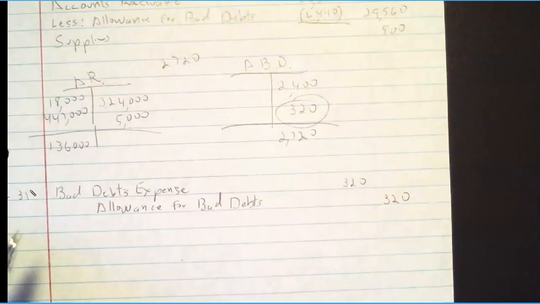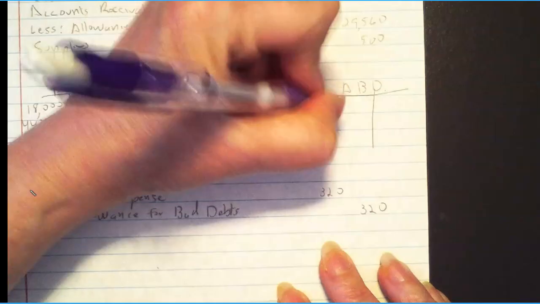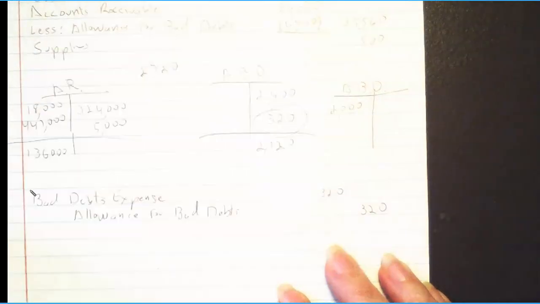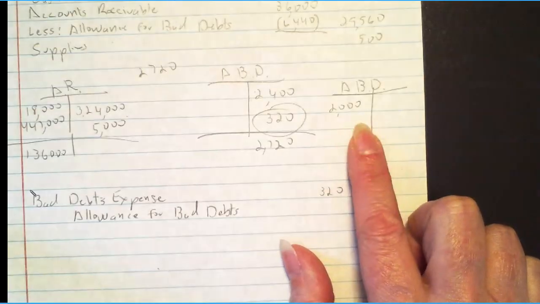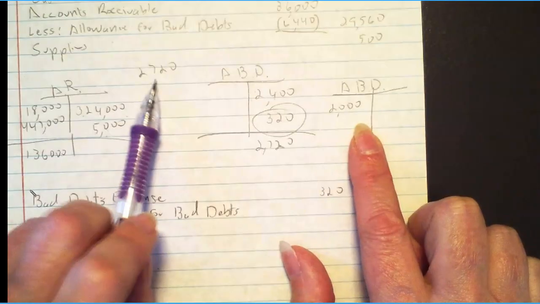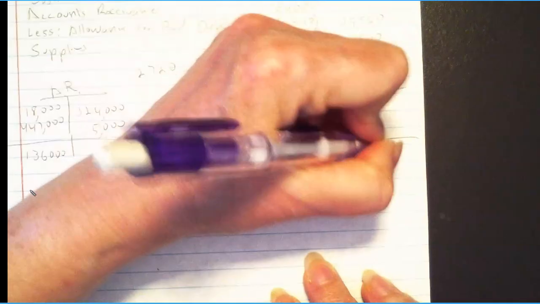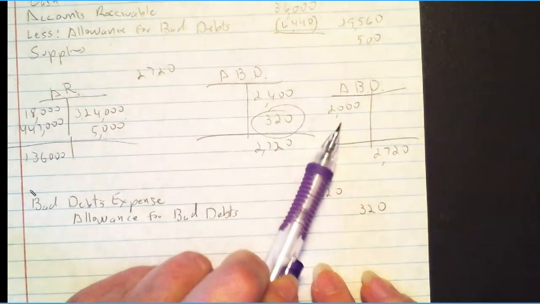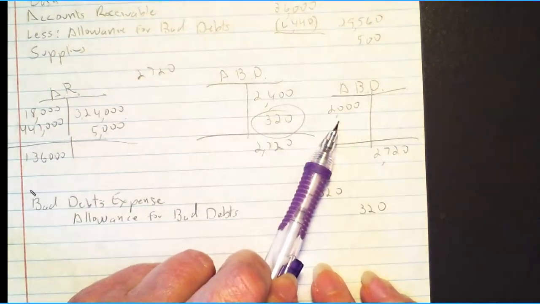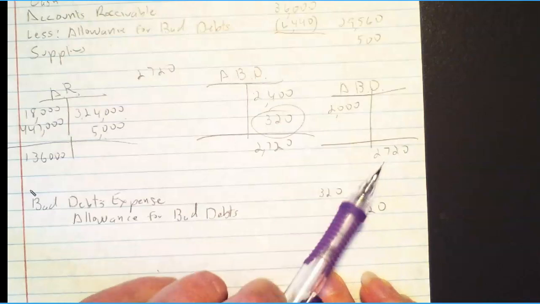Okay. If I have a debit balance, allowance for bad debts, I have a $2,000 debit balance. This is a contra asset, so it has to have a credit ending balance. I want that credit ending balance to be 2720. How do I get from essentially negative 2,000, because this is a non-normal balance, to a positive 2720?